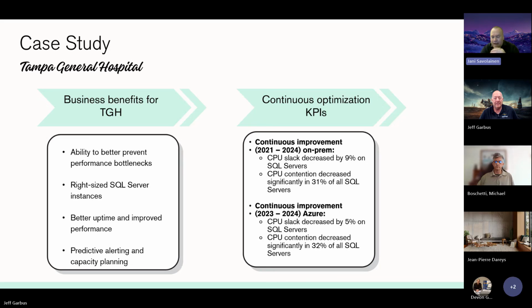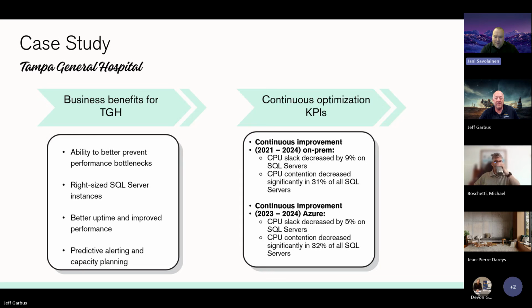And this also relates to the total cost of ownership, because then you're able to save also the CPU cores the closer you are to the par on the workloads. And also the CPU congestion decreased significantly in 31% of all the SQL servers. So we got more nines on the CPU congestion, and CPU congestion, of course, can slow down servers and so forth.